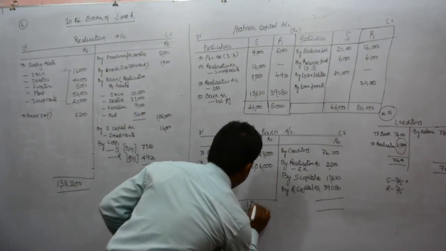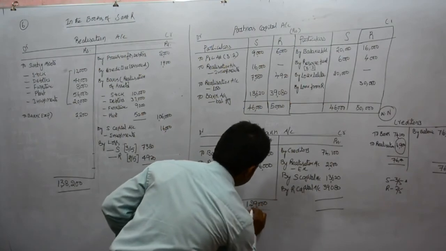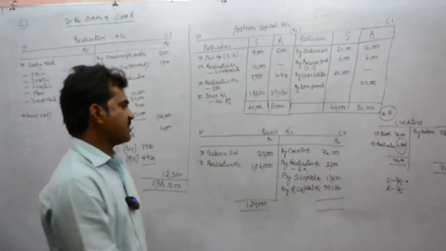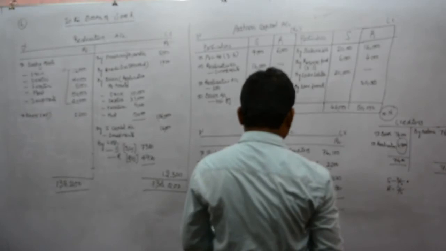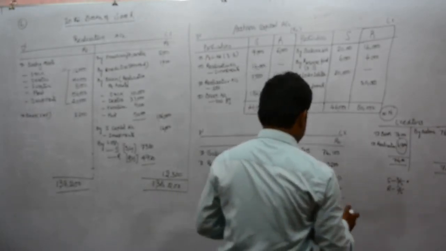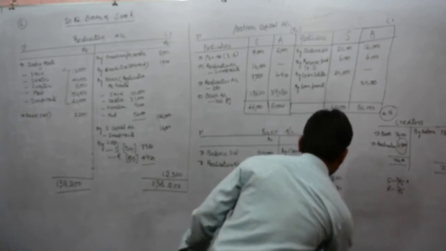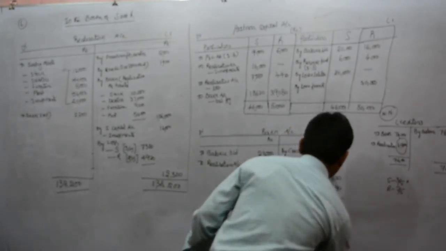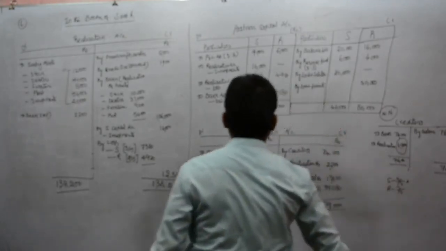Total 1,29,000. Here it is also 1,29,000. Clear?